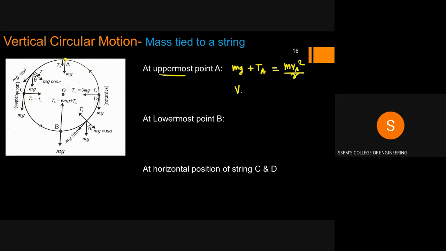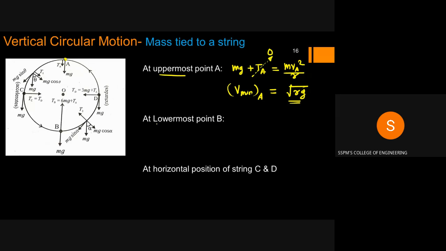So V minimum at point A is equal to square root of rg. For the minimum velocity, this tension will be 0. So if you maintain this velocity at point A, then we can complete the circular motion.